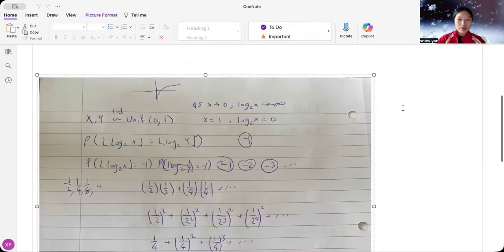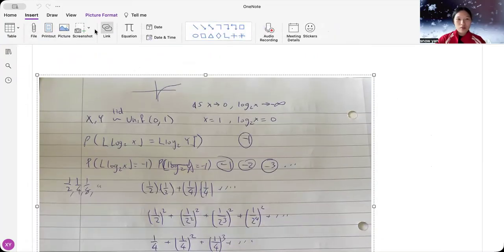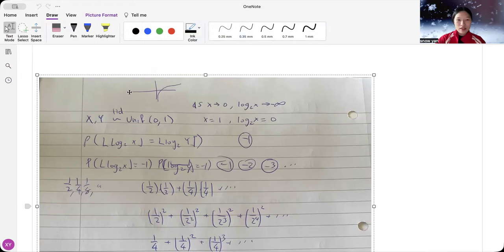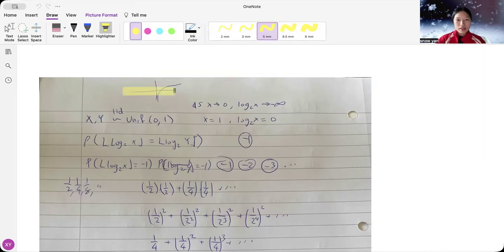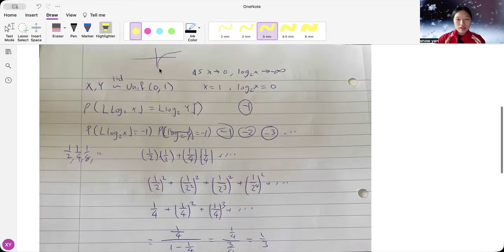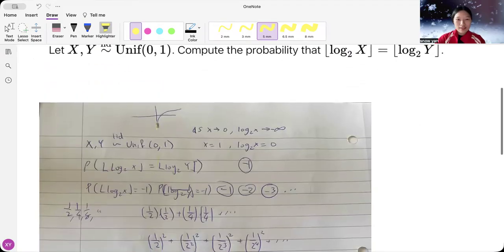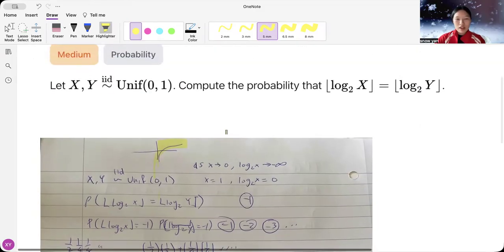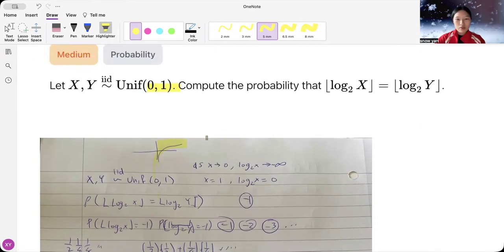For this, I basically just thought about it. If I have a log function, it would look something like this, with this curly floor shape. The region I'm more interested in is between 0 and 1.